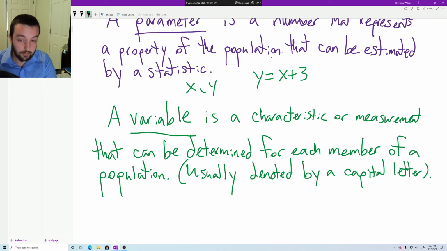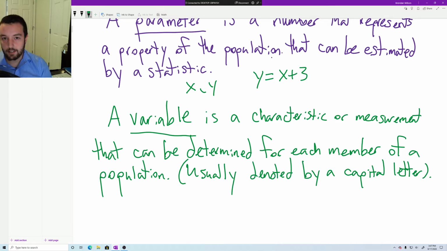This is a little different from algebra. We don't typically use capital letters there. In statistics and probability, we do, because the lowercase letters are used the way they are more traditionally used in algebra, or to represent things like the statistics. The big difference with this definition of variable as opposed to how we're used to it is that it's a little more broad, because notice it says it can be a characteristic or a measurement.